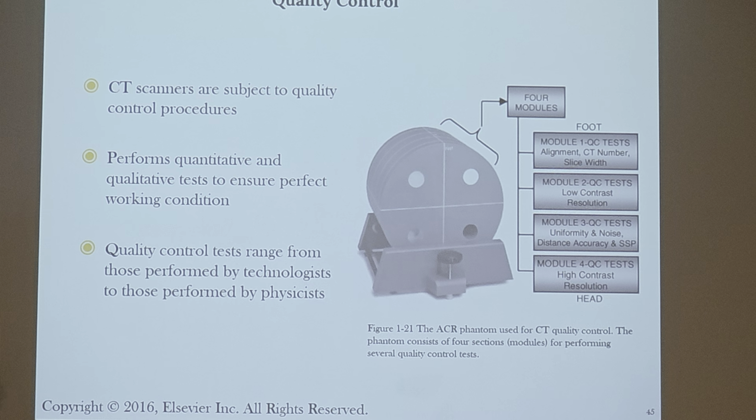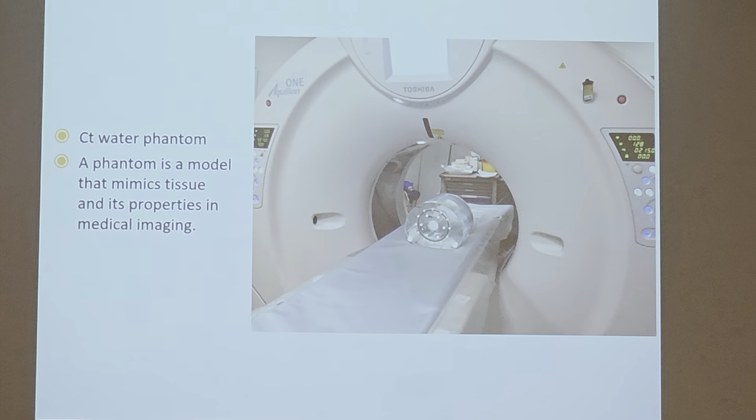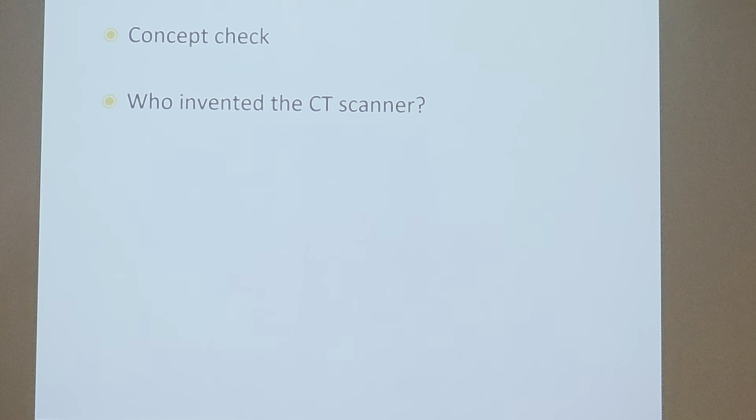So make sure that the person who's opening up for the shift is likely going to do that quality control, because it has to be logged and documented and shown to the radiation safety officer. This is also talking about other instruments to use for quality control, which is the water phantom. Y'all know what a phantom is? Yes? Good. And this is how we're going to determine that.